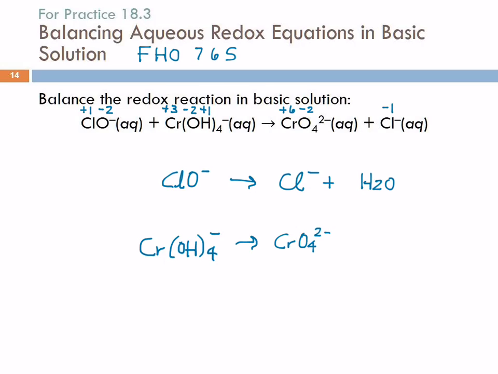That introduces hydrogen, and so we're going to have to put 2 H+ on the left side to balance the hydrogens. Then we remember, oh, this is basic solution. I've got 2 hydrogen ions here. I need to add 2 hydroxide ions. And if I do that on that side, I need to do it on this side, 2 hydroxide ions.